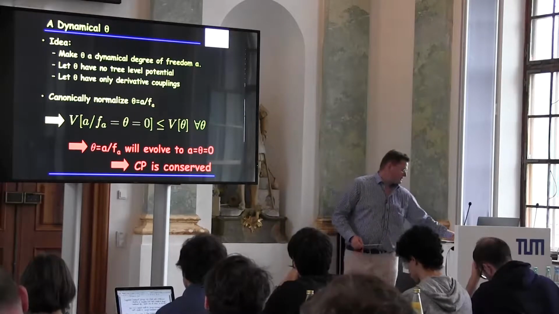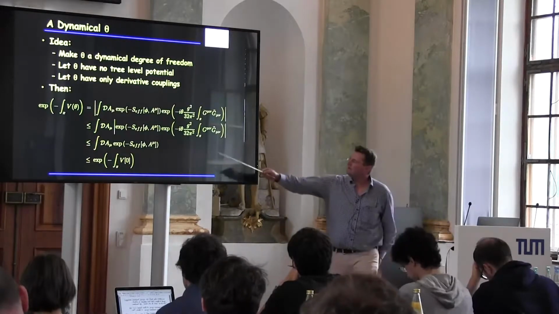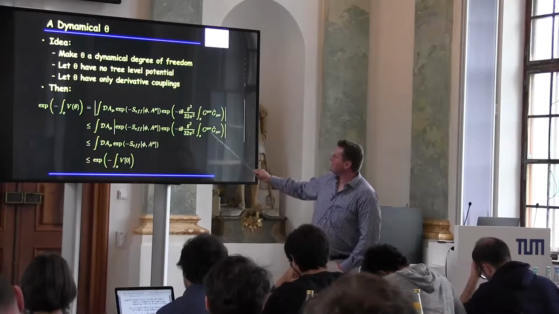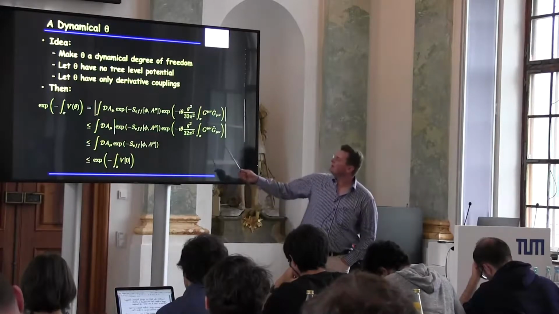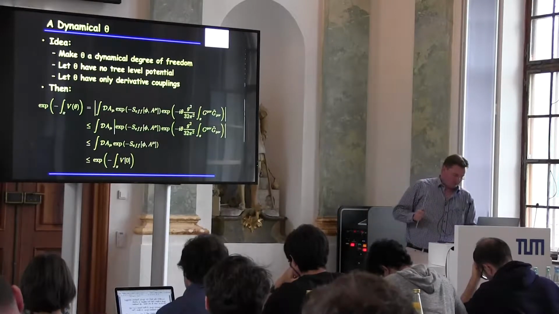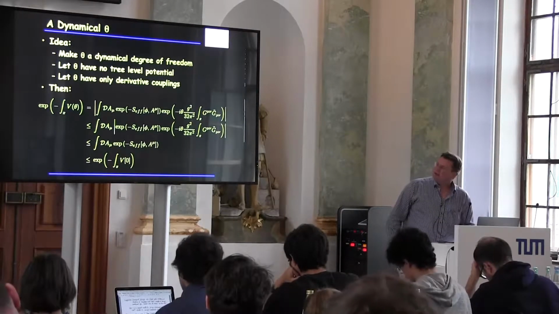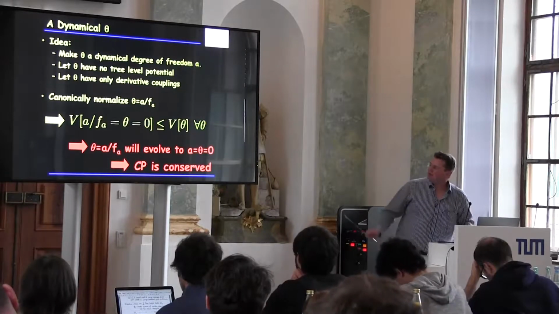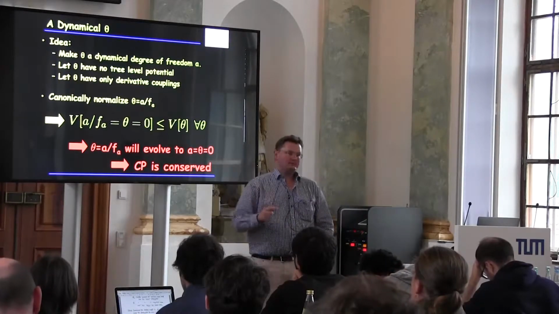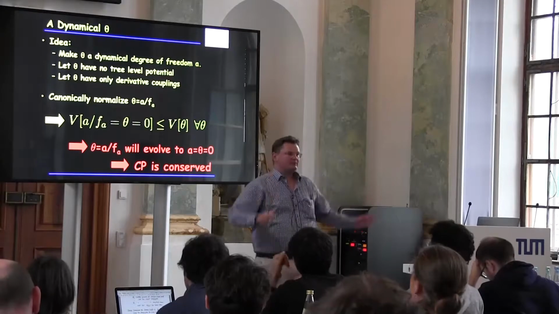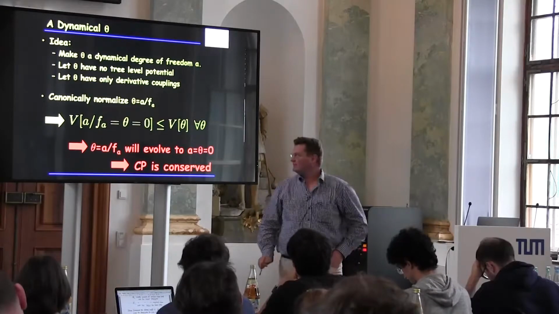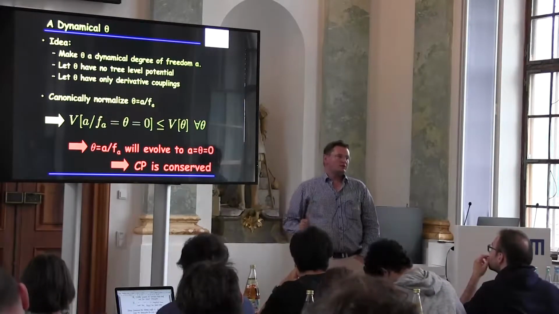And you can easily imagine, just by looking at this expression here, that this inequality is strict, because you get phases as soon as you basically have theta not equal 0. So as you move away from theta equals 0, the potential does indeed go up and acquire larger values. There might be special points of theta where it's again more or less the same, but locally around theta equals 0, it's going up. So in that sense, it's a true global minimum.